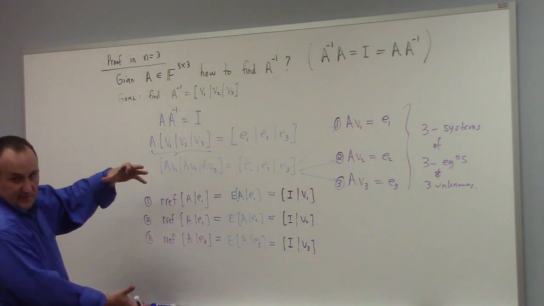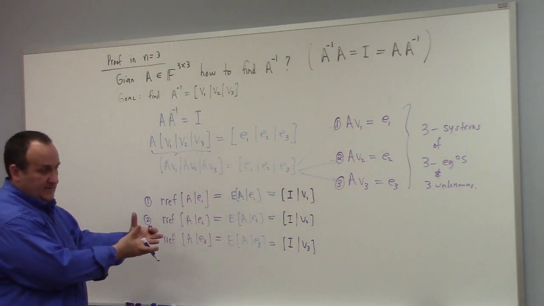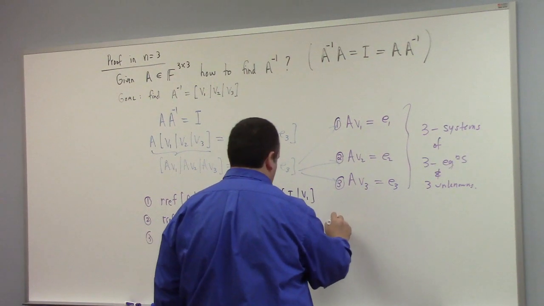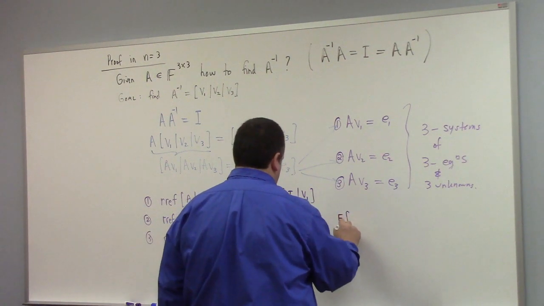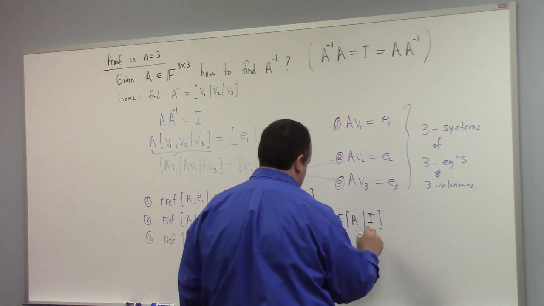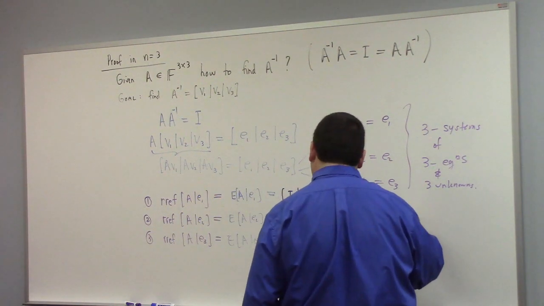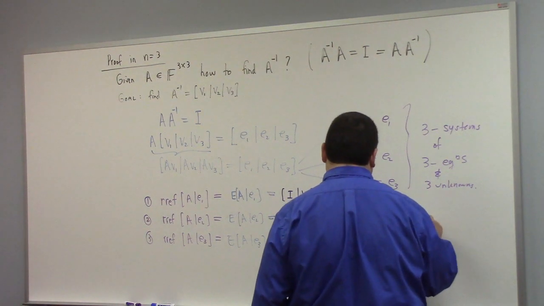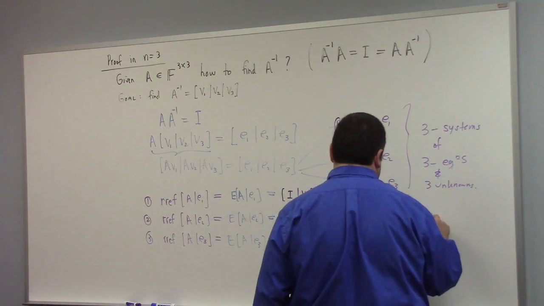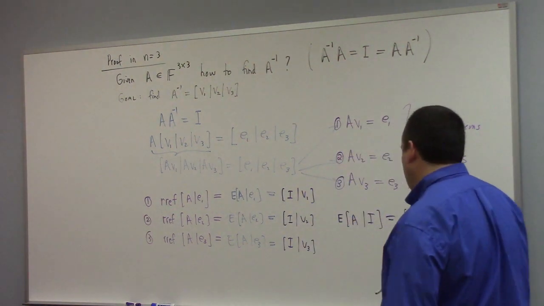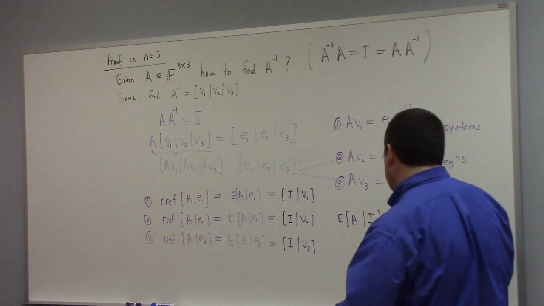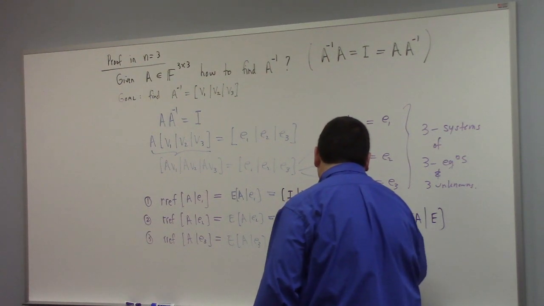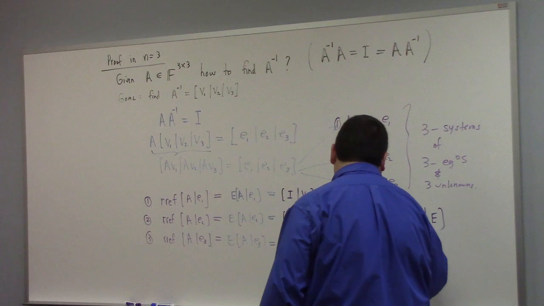So if you put these together, you've got E times A with the identity on it, which is equal to E A times E. But what else is it equal to? This is equal to E times A E1, A E2, A E3.